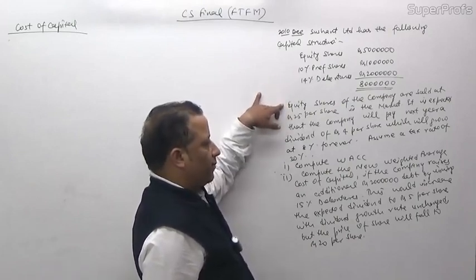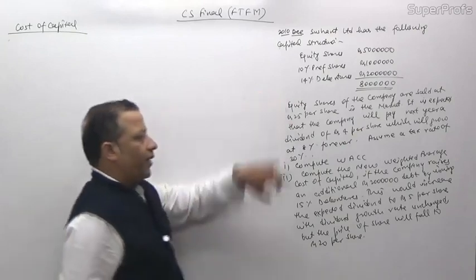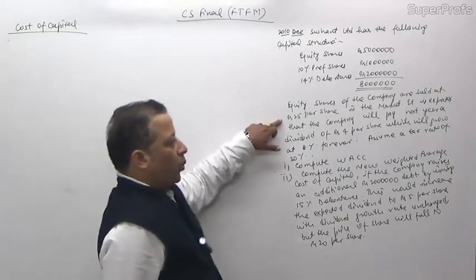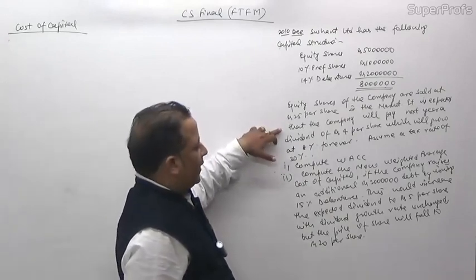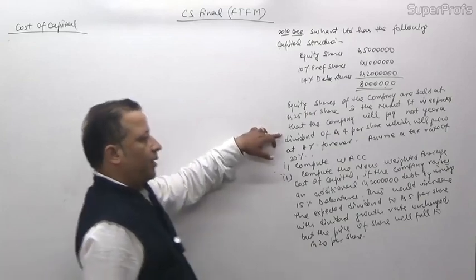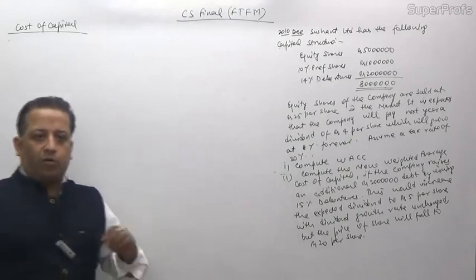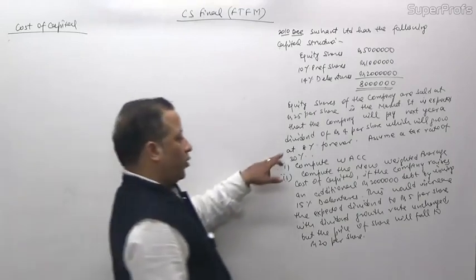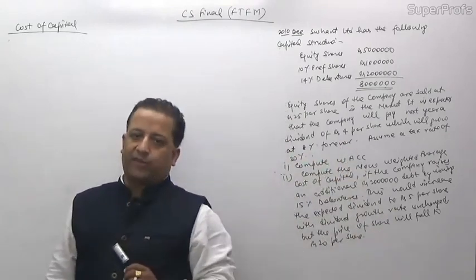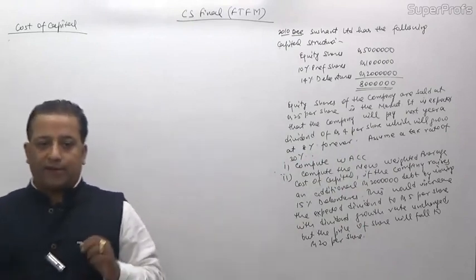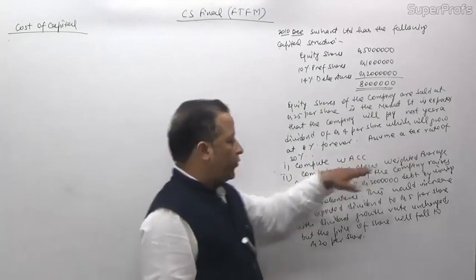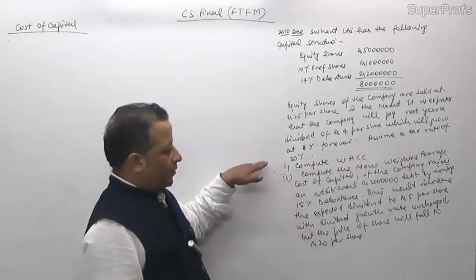The equity shares of the company are sold at rupees 25 per share in the market, and it is expected that the company will pay next year a dividend of rupees 4 per share, which will grow at 8% per annum forever. The growth rate is 8%. Assume a tax rate of 30%.